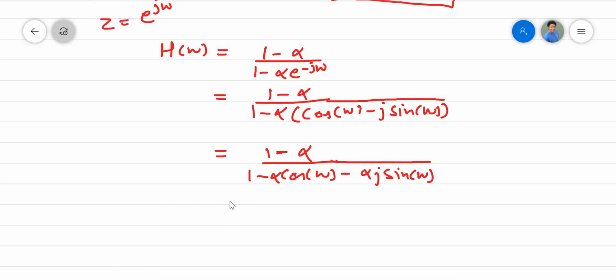Now we want to analyze its magnitude and its phase.